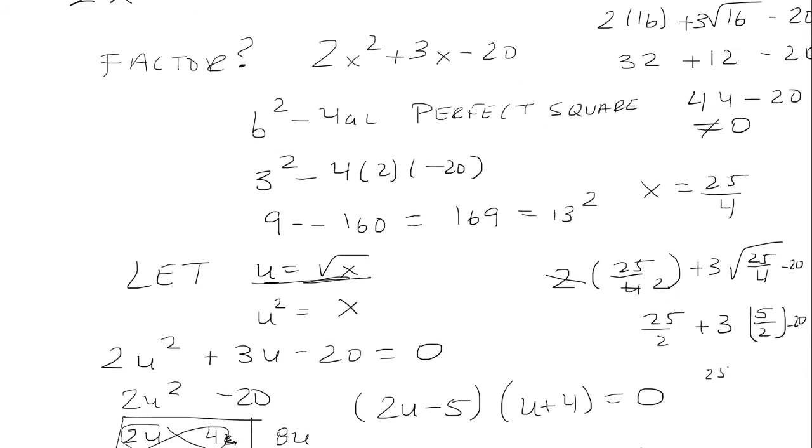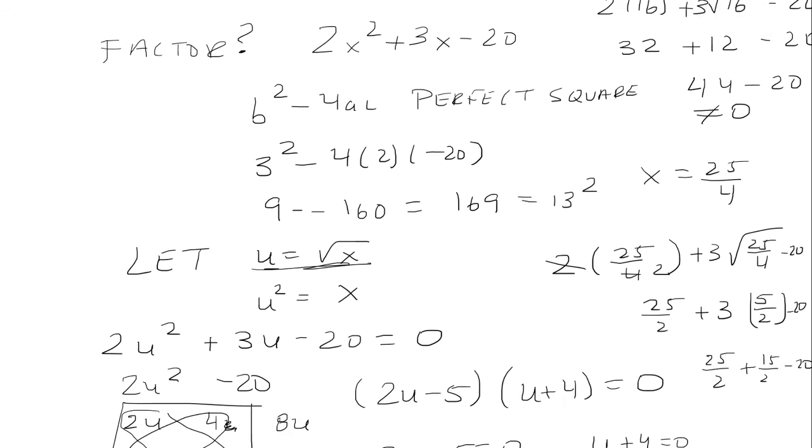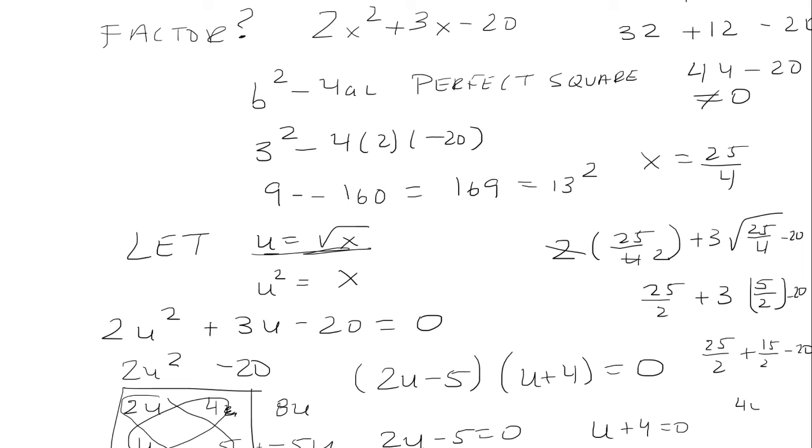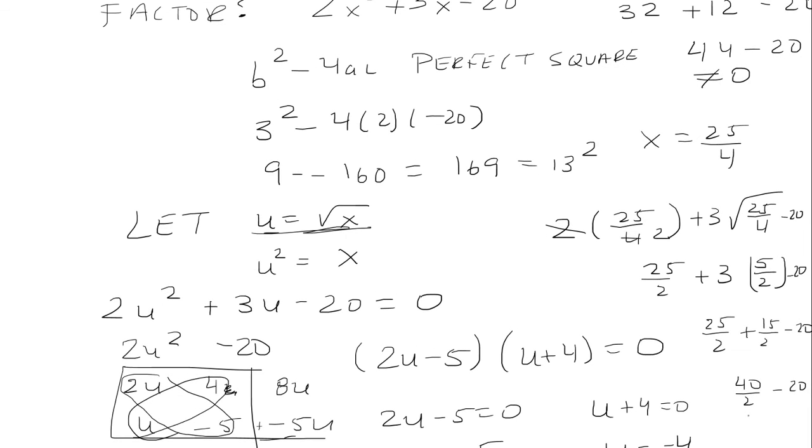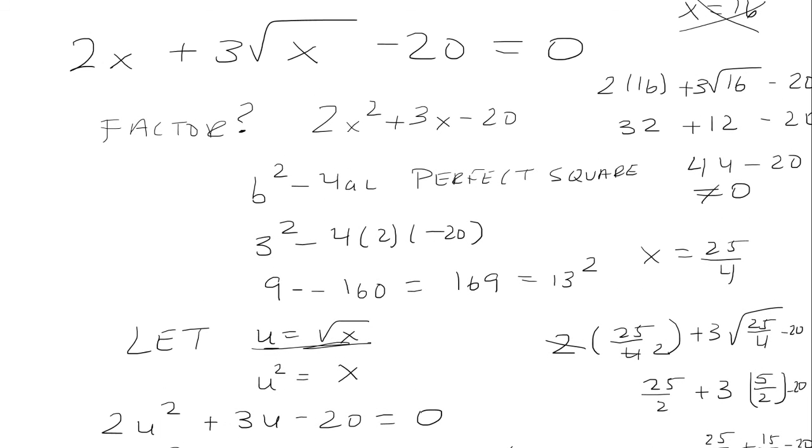So we have 25/2, and then 3 times 5/2 is just 15/2. They have the same denominator, so I can add them. So 25 plus 15 is 40 over 2 minus 20, and 40 over 2 is just 20. And then we subtract it with 20 to get 0. So yeah, this one worked. So to sum it up, 16 did not work, but 25 over 4 worked as a solution. So the only solution here is 25 over 4.